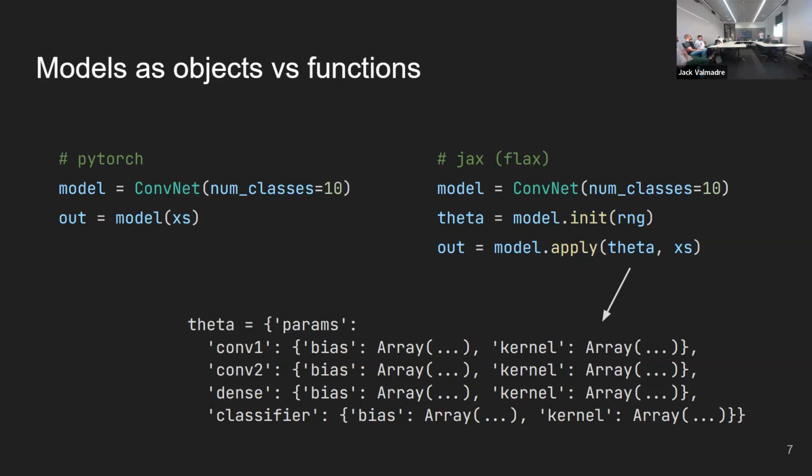And that's kind of nice because you can manipulate this theta as you like and do all sorts of crazy stuff. And what that theta actually looks like is here at the bottom. It's basically just a Python dictionary, or a nested Python dictionary. So we're going to have these 4 layers of our neural network, and then each one has a bias and a kernel, and then the value is one of those JAX arrays. And so this is just a native Python dictionary, so it's easy for us to manipulate.